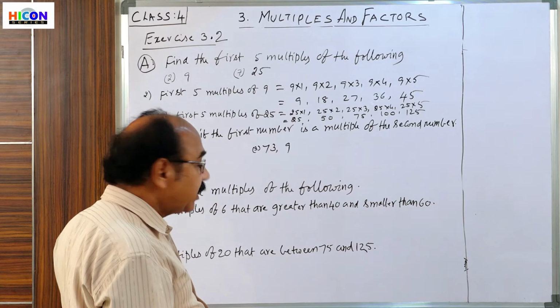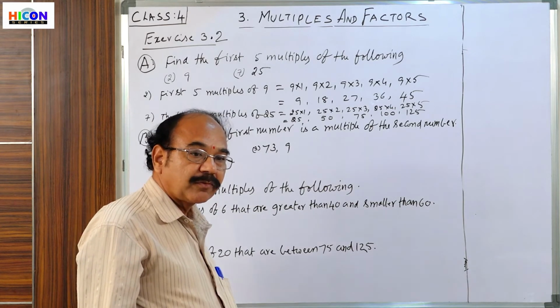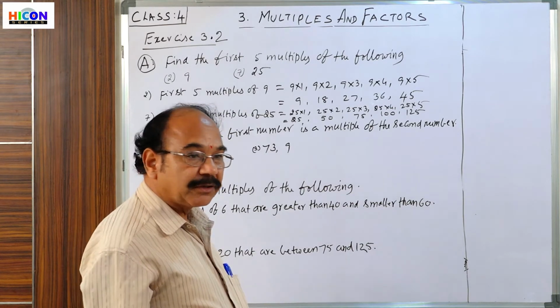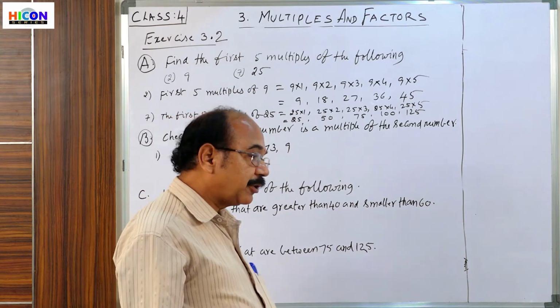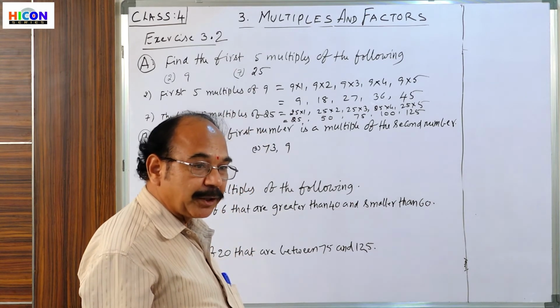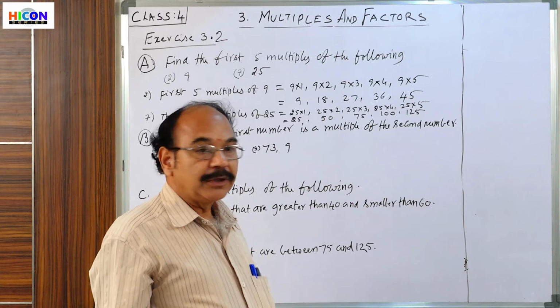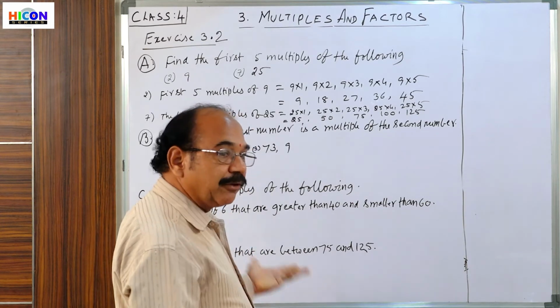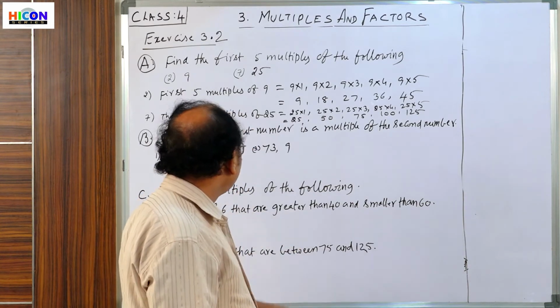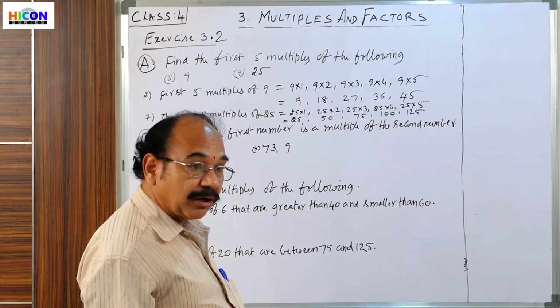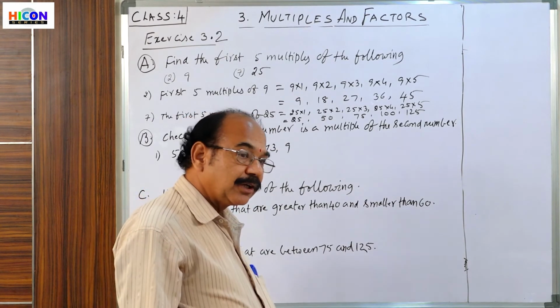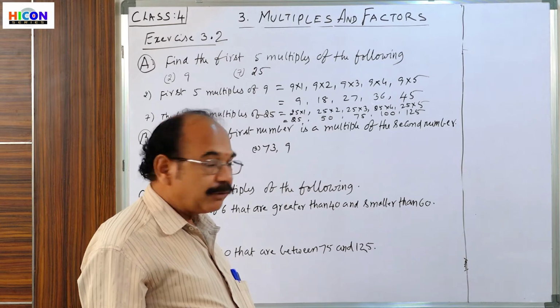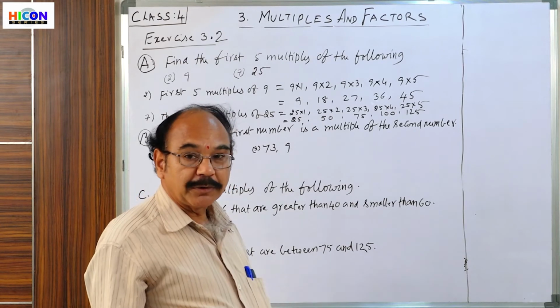How do you know? Read the 7 table. You know the tables very well. In reading the 7 table, if you get 56, then you say 56 is a multiple of 7. If you are not getting 56 in the 7 table, then you say 56 is not a multiple of 7. Right?